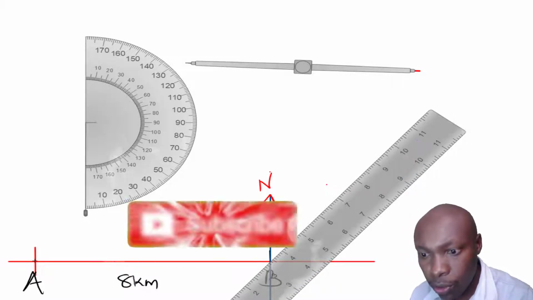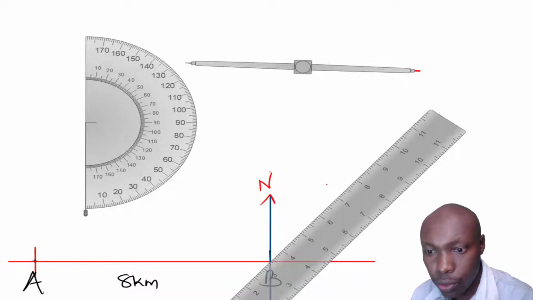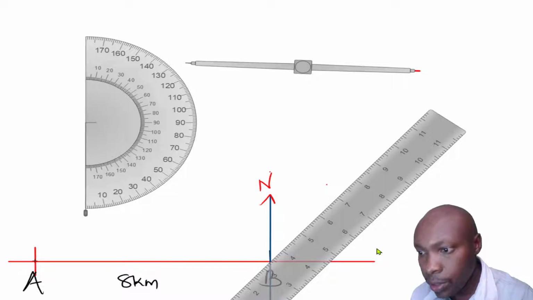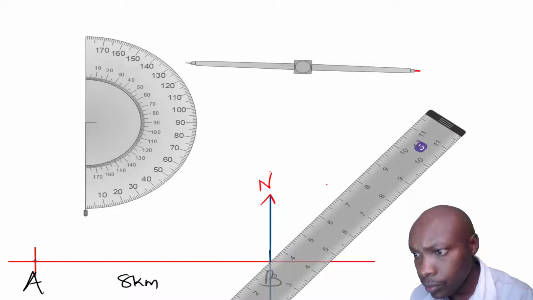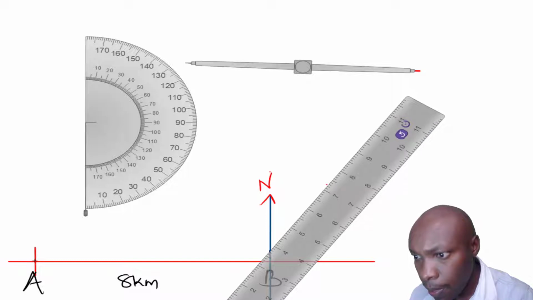The point that I want to join is the point at 30 degrees, that is the point that is there. I need to have that point joined.